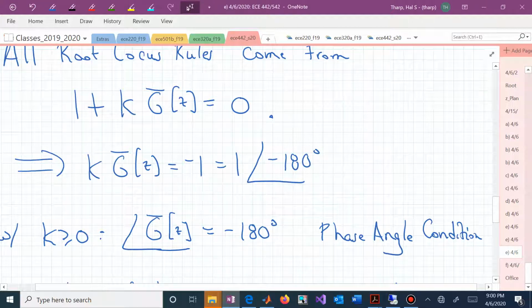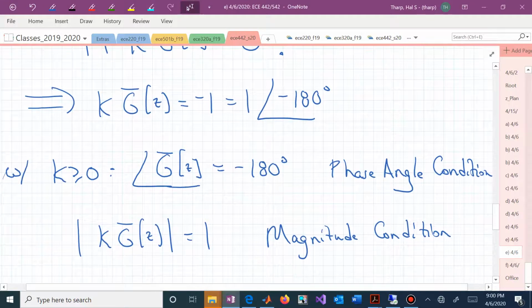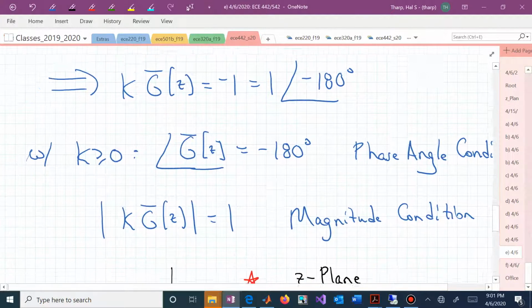That's all of our pole and zero factors from the plant and the controller. If a value of z belongs to the root locus, then it has to have an angle of minus 180 degrees at that location in the z-plane. We also know the magnitude condition. We know the magnitude of k g bar is equal to 1. If we have a point z that we know is on the root locus, we can evaluate this equation to find k at that particular value of z, and that's how we can use the magnitude condition to find specific values of maybe an unknown k value or magnitude value.